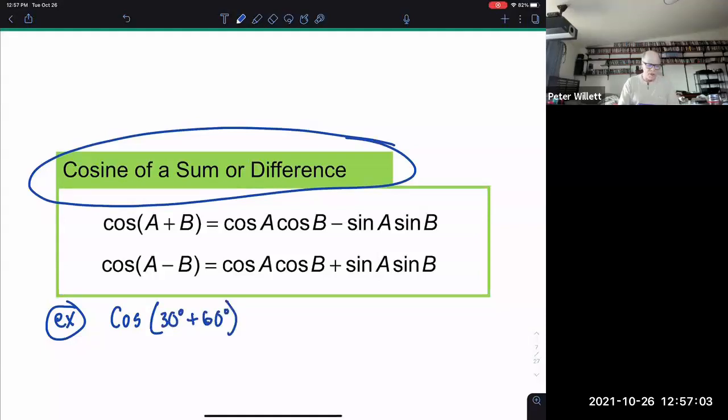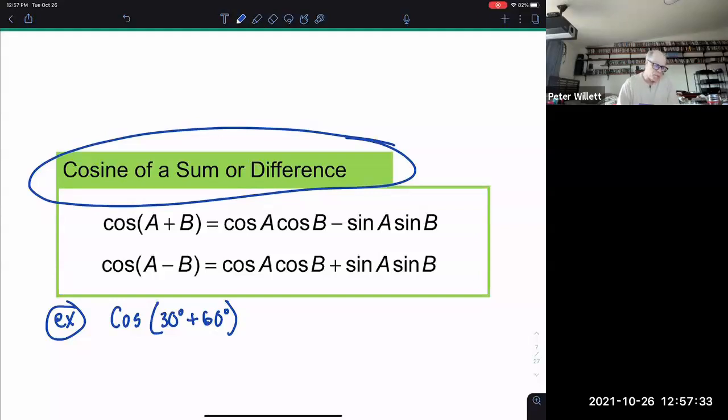I'm choosing these angles because, from our tables of values and our past work, we know the cosine of 30 degrees and the cosine of 60 degrees. And of course, if I add 30 and 60 degrees together, I get the cosine of 90 degrees, which we also know. So this is a way for us to explore a little bit and see what the formula says is equal and confirm that it really does come out equal.